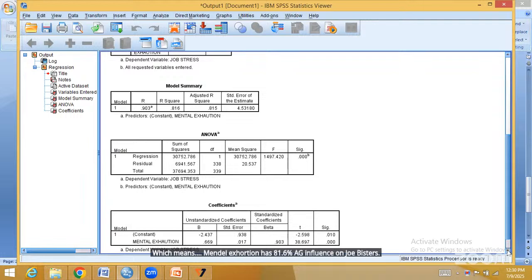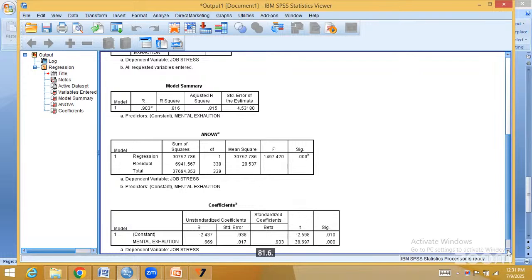Or job stress is influenced by mental exhaustion with 81.6% influence. This is the interpretation when we use R square. 0.816 means 81.6%. Therefore, job stress is influenced by mental exhaustion to the extent of 81.6%.